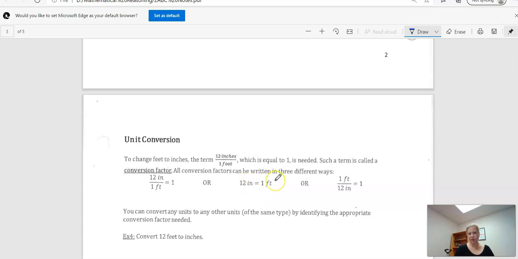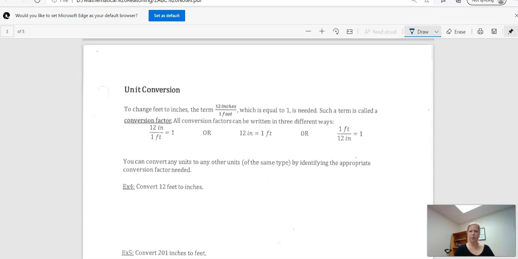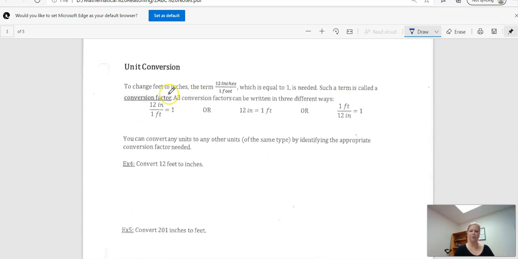We can say 12 inches is equal to 1 foot, or we can flip it, right? 1 foot over 12 inches equals 1, because these are equivalent to each other. That would be like saying 7 divided by 7. 1 foot is exactly the same as 12 inches. So really it's important to know that you can flip this fraction upside down and it's the same thing.